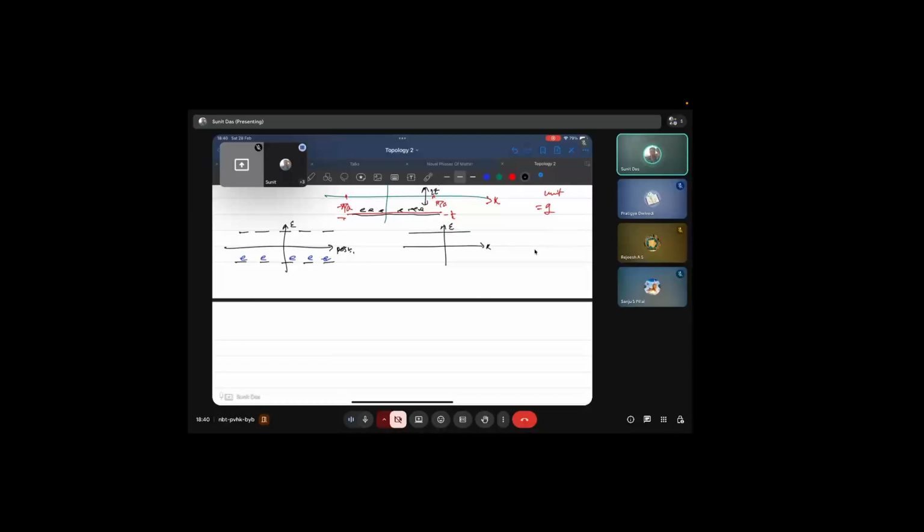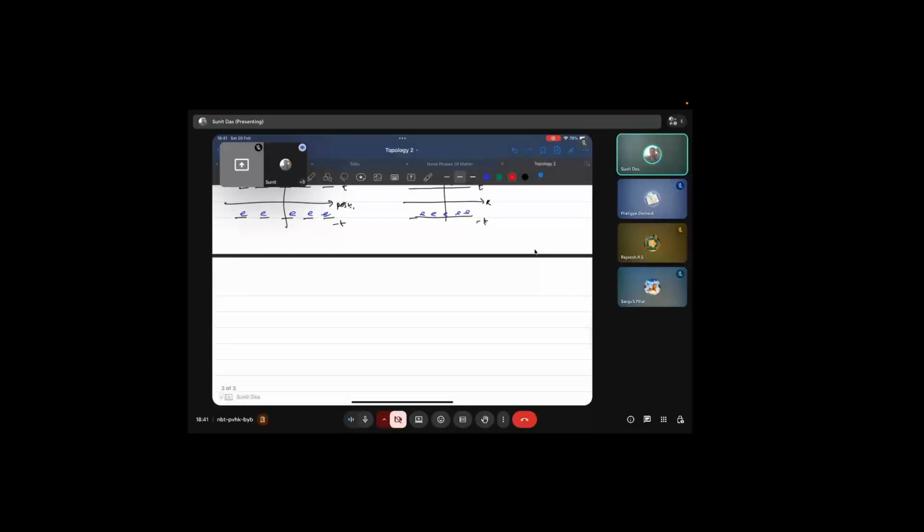We have a continuous energy of t and minus t, and the electrons are occupied in the lowest energy states. Okay, so what we call these two scenarios is that this is atomic insulator and this is band insulator.